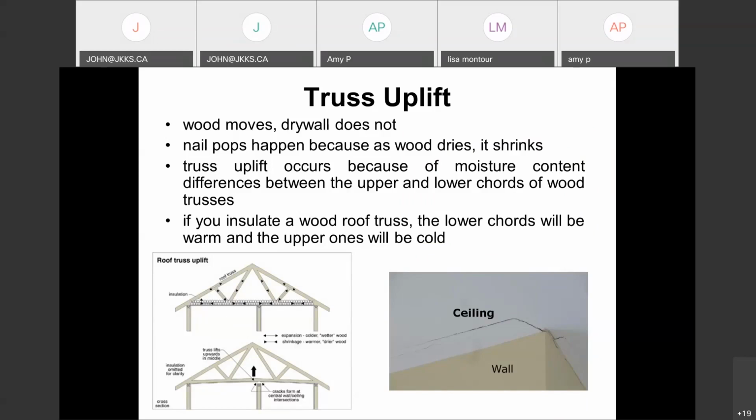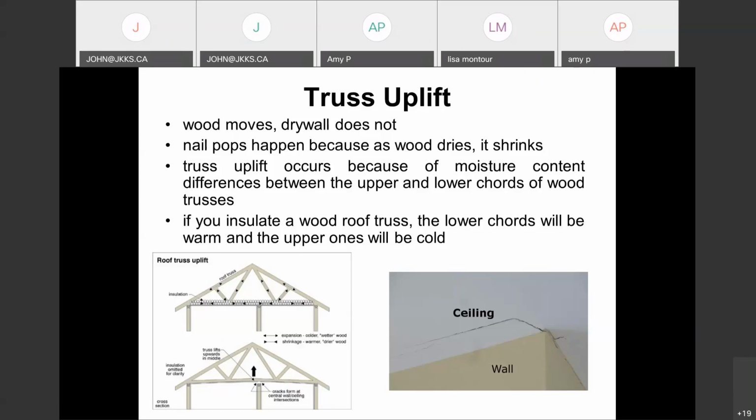So we can see in the photograph to the right this large gap in the ceiling, where the upper part of the wall meets it, and we can see this crack occurring. Often this happens with what they call truss uplift, because it happens primarily with wood trusses.